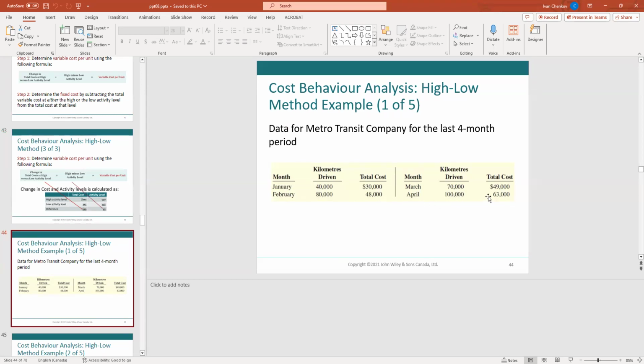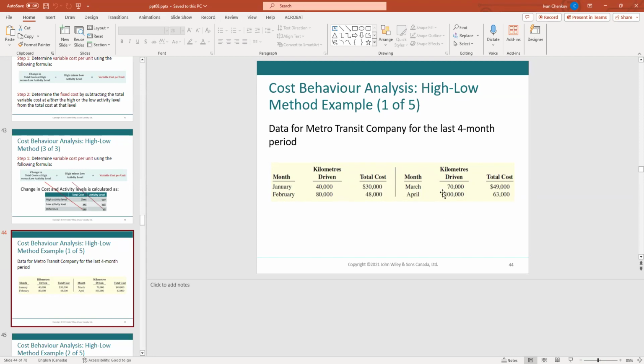At the high level, the total cost is 63. At the low level, the total cost is 30. 63 minus 30 is 33. And then 100,000 minus 40,000 is 60,000. So the 33,000 difference in cost will be our numerator.